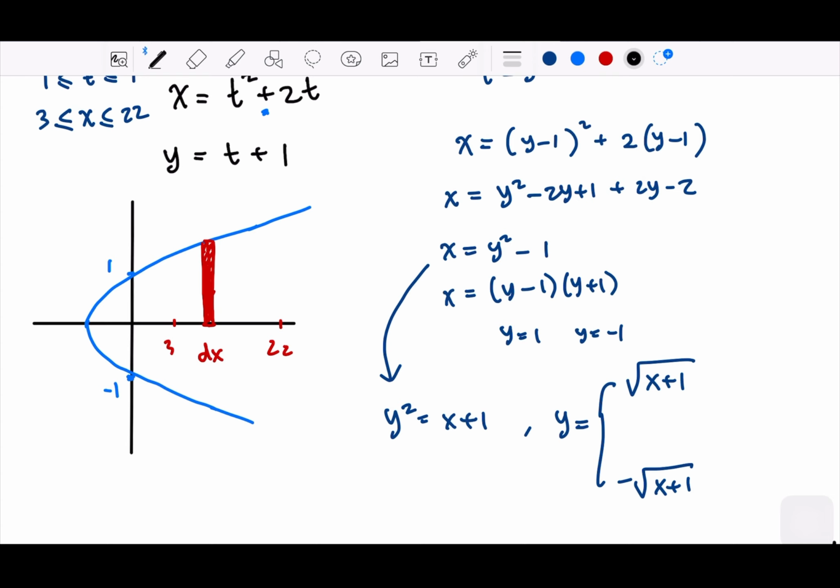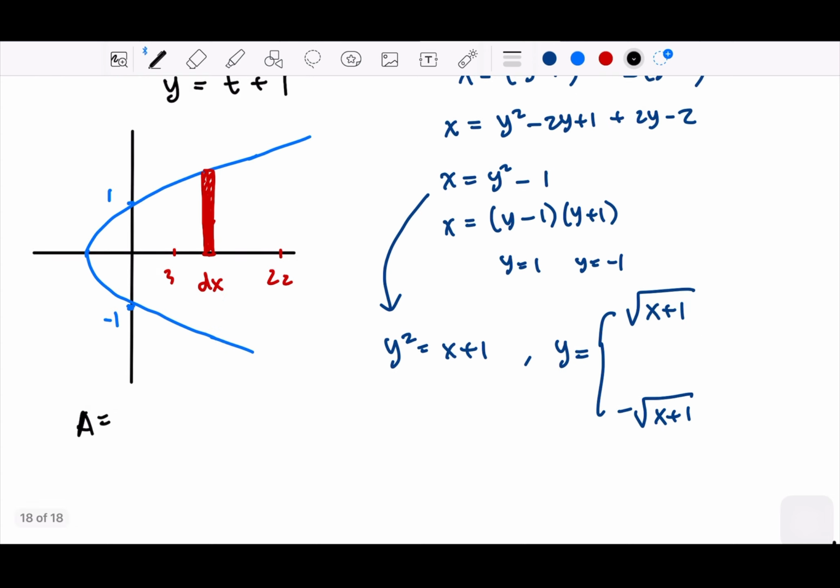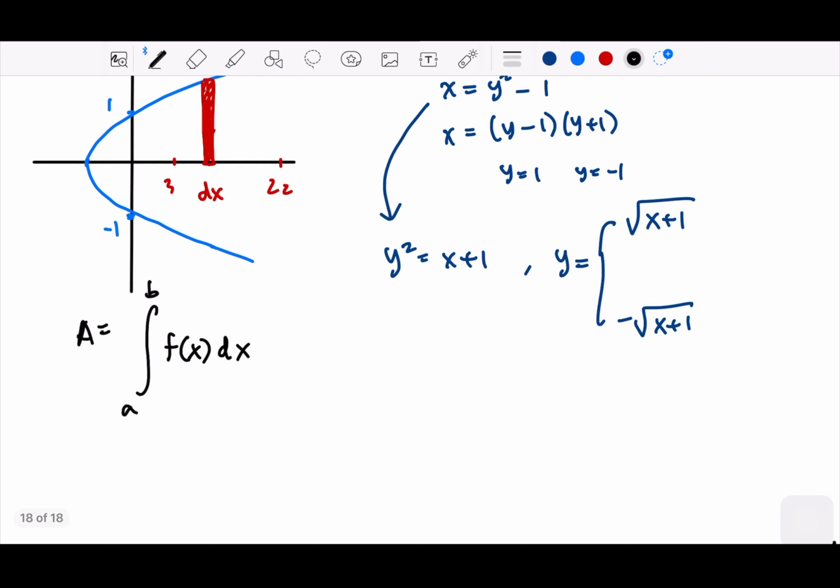The area, usually we take a to b of y dx, if y is a function of x, or we usually write f of x dx like that, or maybe just y, easy to follow from the previous page.